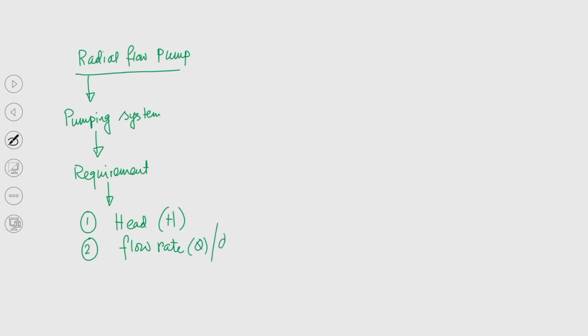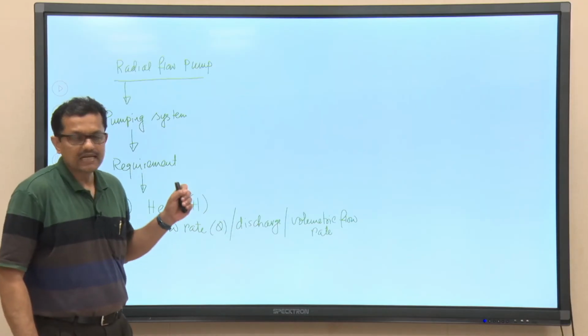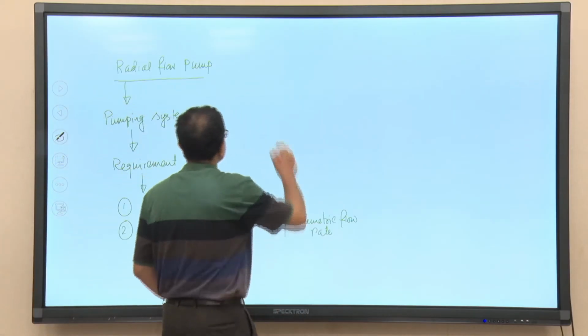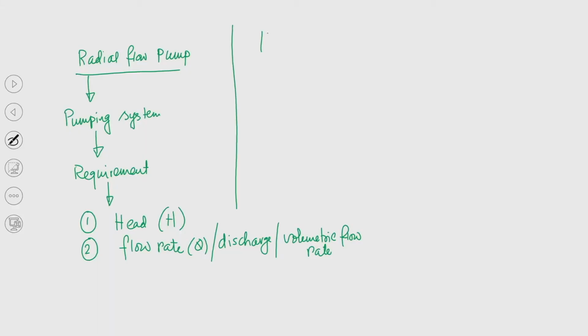Sometimes it is known as discharge or volumetric flow rate. So, you can understand these two quantities, head and discharge, and that is why, if you try to recall, we have discussed the H-Q characteristic curve in one of the previous classes.